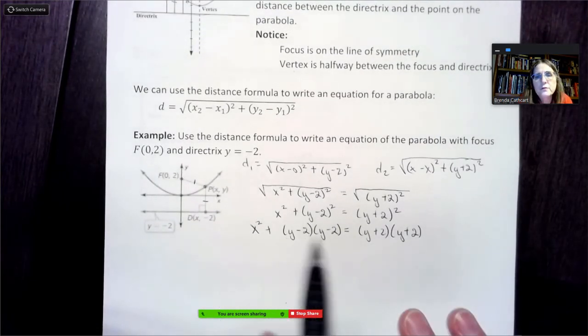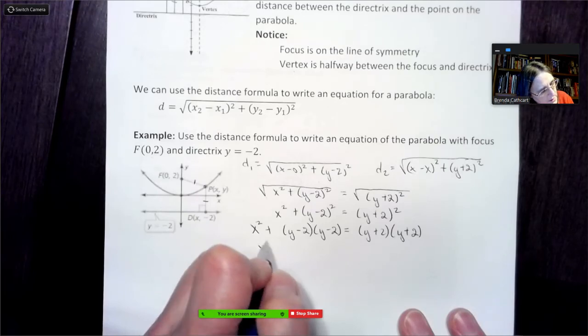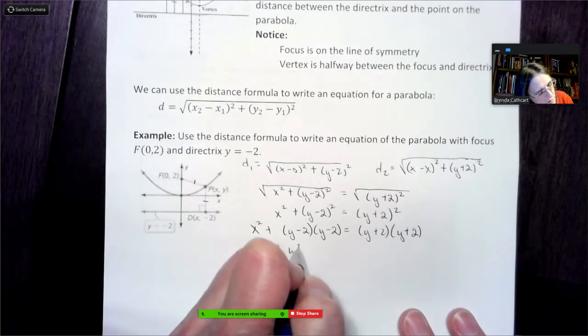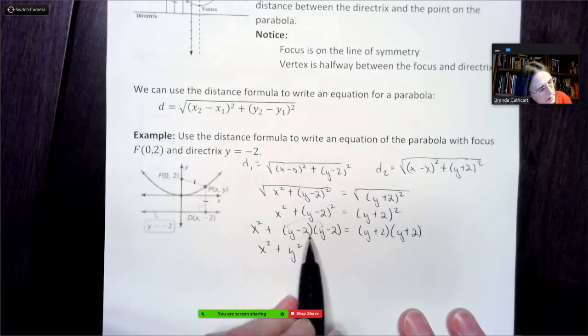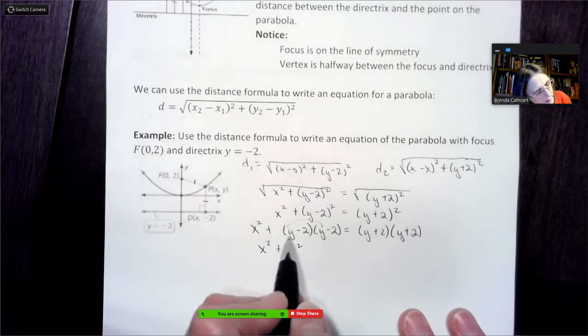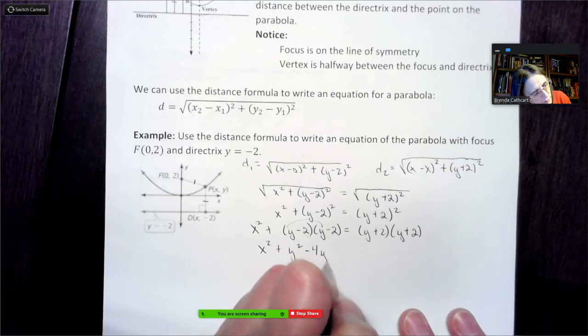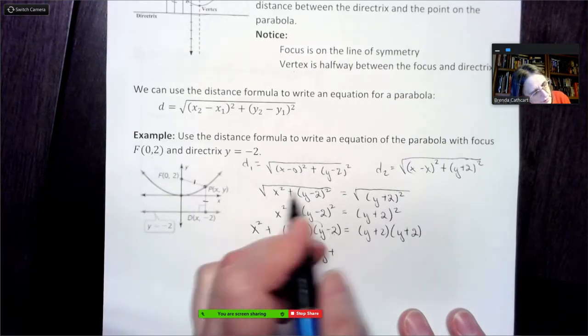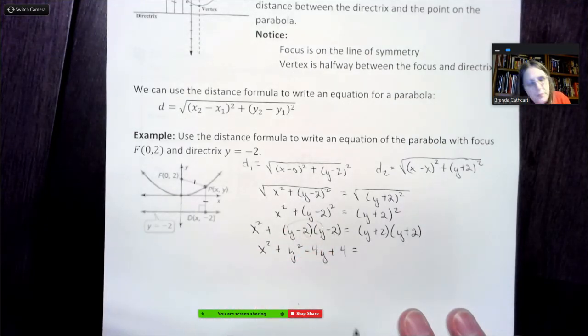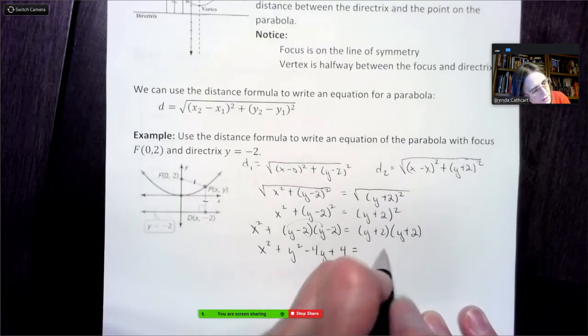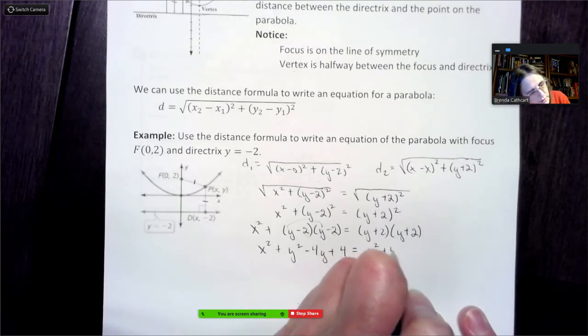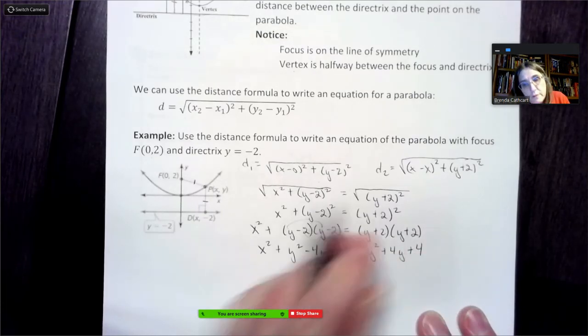Now foiling, first outer inner last, we have x squared plus y squared for our outer. Inner and outer are going to be -2y and another -2y for -4y. And last, -2 times -2 is 4. Doing the same on the other side gives us y squared plus 4y plus 4.